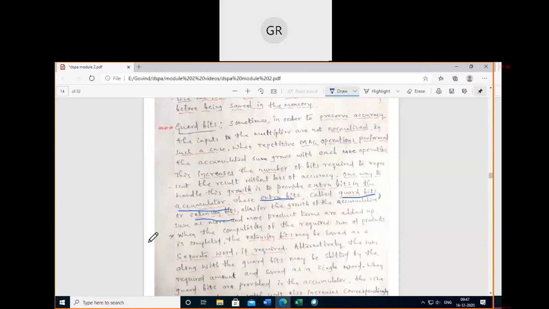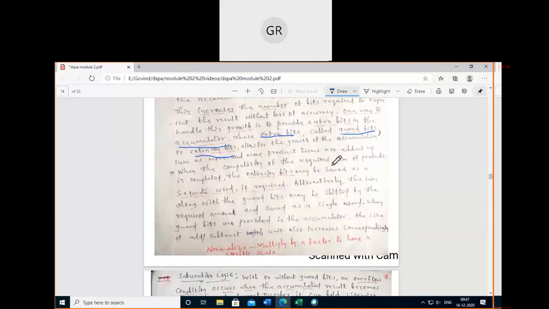When the computation of the required sum of products is completed, the extension bits may be saved as a separate word if required. Alternatively, the sum along with the guard bits may be shifted by the required amount and saved as a single word.